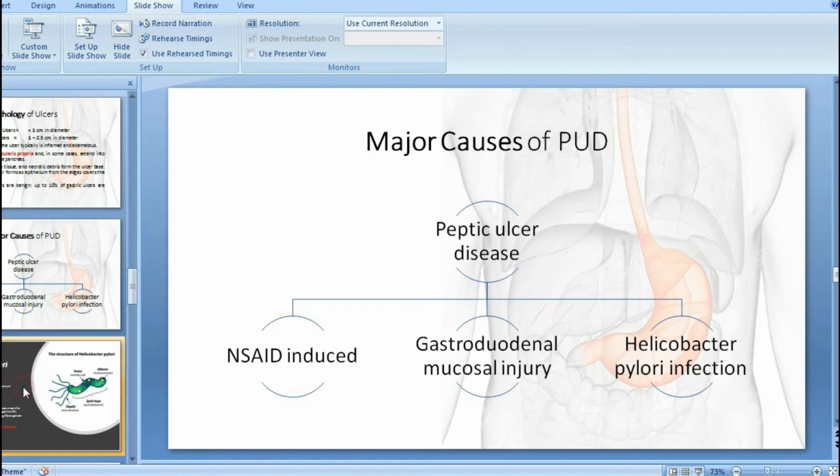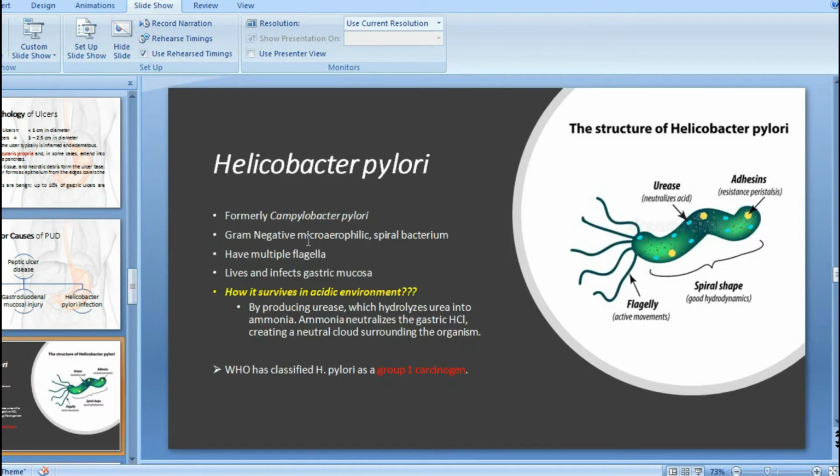The next one is, you are going to know what Helicobacter pylori is, because it's an important question. You must know that. Helicobacter pylori is basically a bacterium which has many flagella for active movement. It secretes an enzyme known as urease.